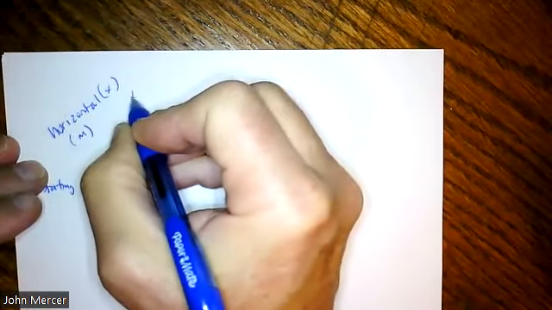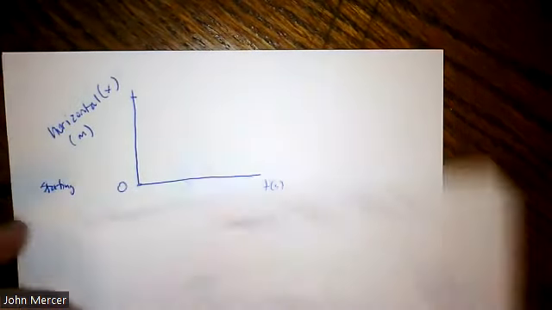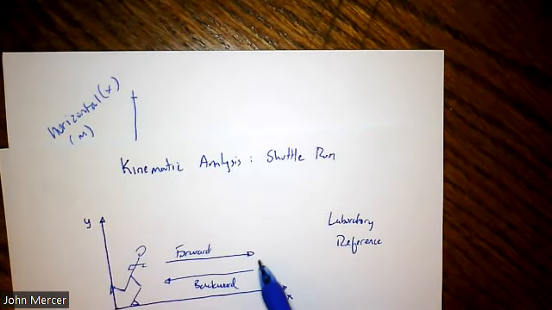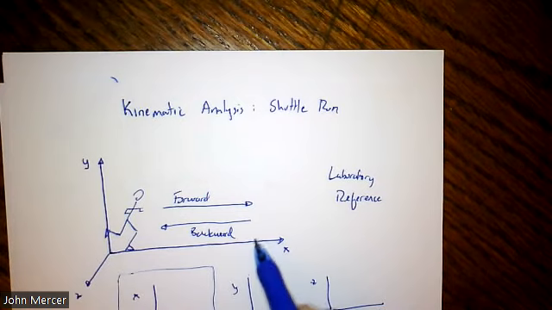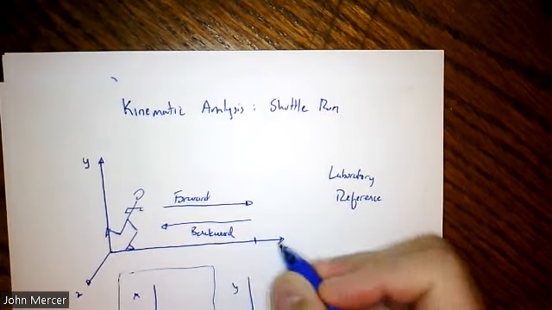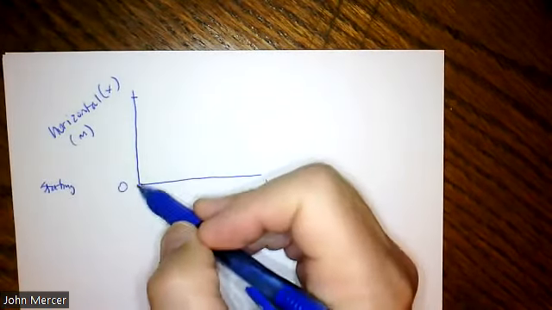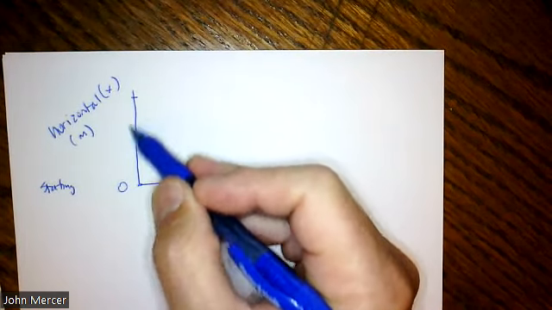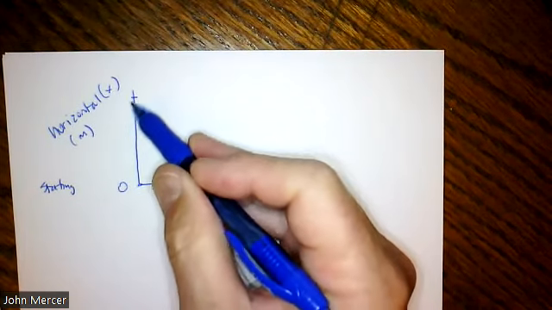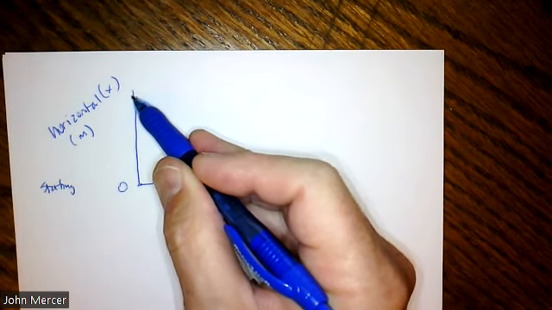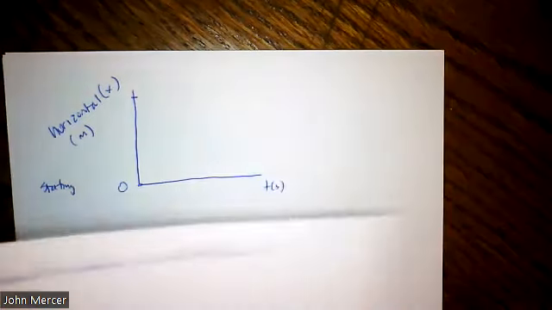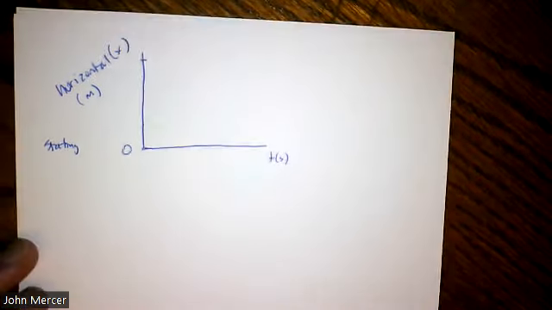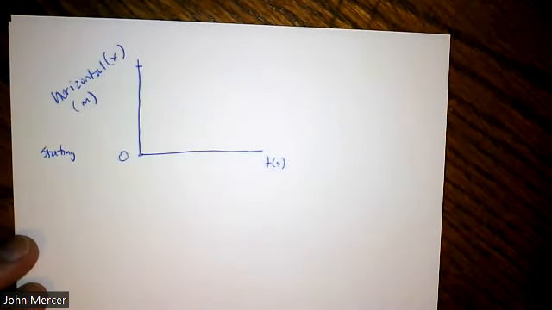And then this mark up here would be where the person turns around. So I run across the floor, I run back to the starting place. I run over to the cone that's on the ground, I run back, okay? All right, so that's our displacement or our position.